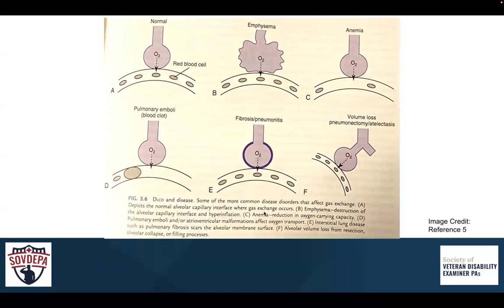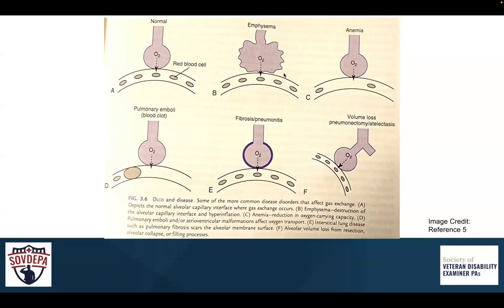So this is an image about the different scenarios of DLCO in different lung conditions. Reduced DLCO occurs if there's less surface area available for gas exchange. So less surface area would be an emphysema because of destruction of the alveolar walls.